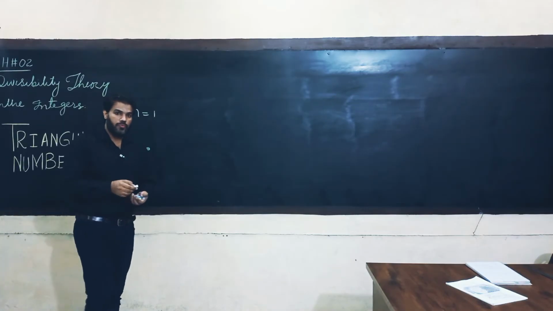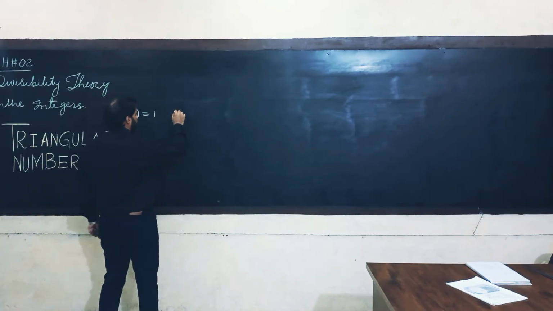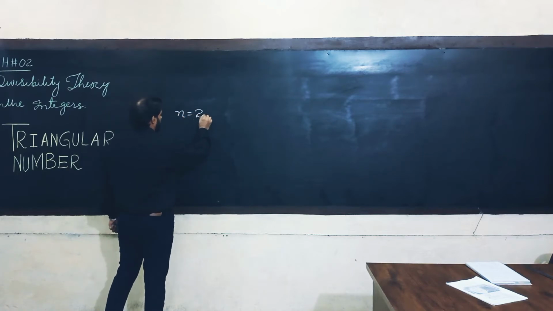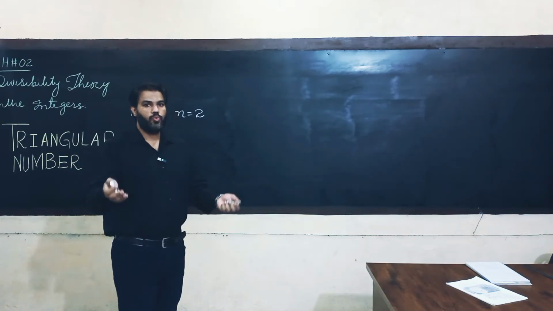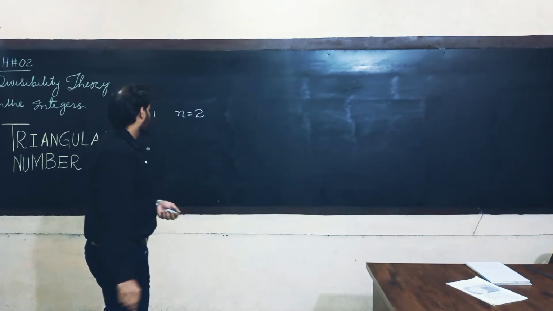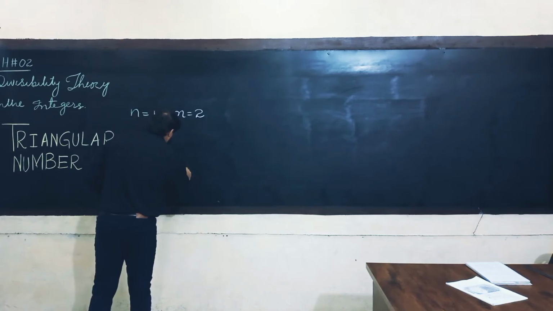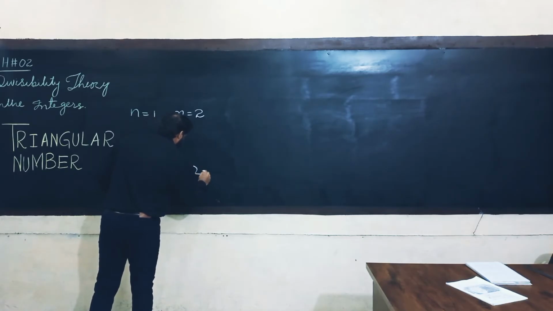When n is equal to 2, it shows the sum of the first two positive integers, that is 1 plus 2. This is equal to 3.